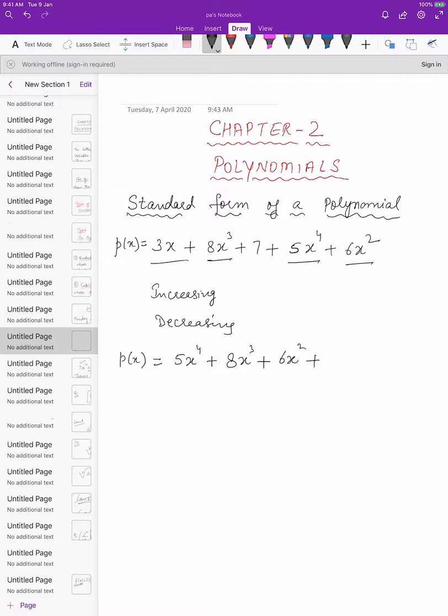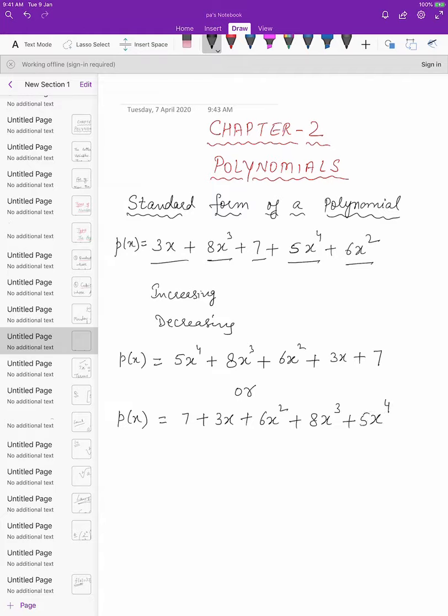Then we have 3x and the last term is without any x, that is 7. So this is known as the standard form of polynomial p(x), or I can also write p(x) as 7 plus 3x plus 6x square plus 8x cube plus 5x raised to the power 4.